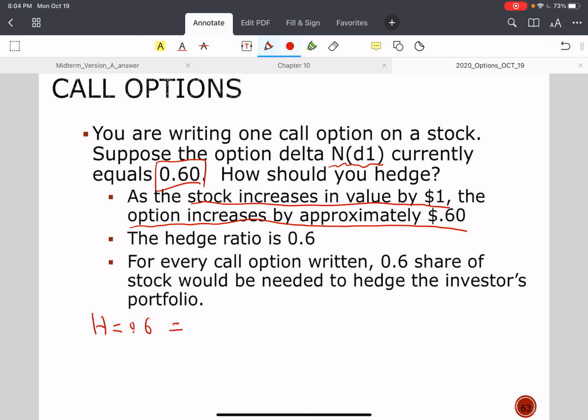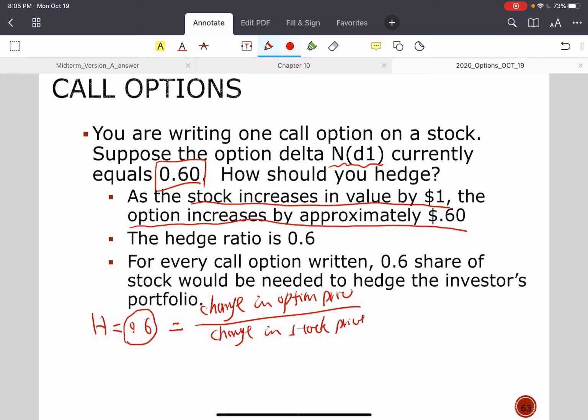Because by definition, the hedge ratio is the change in option price divided by the change in stock price, right? And we have a positive hedge ratio. This implies if stock price increases by 1, then option value should increase by 0.6, right?